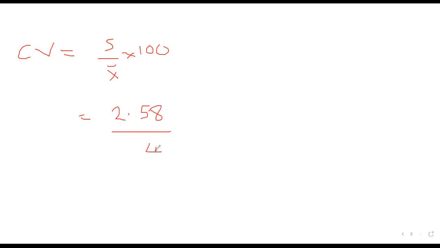Our mean was 4. So when you divide this by the mean times 100, we're going to get 64.57%. So this is what we call coefficient of variation. So we have done the measures of central tendency and dispersion.